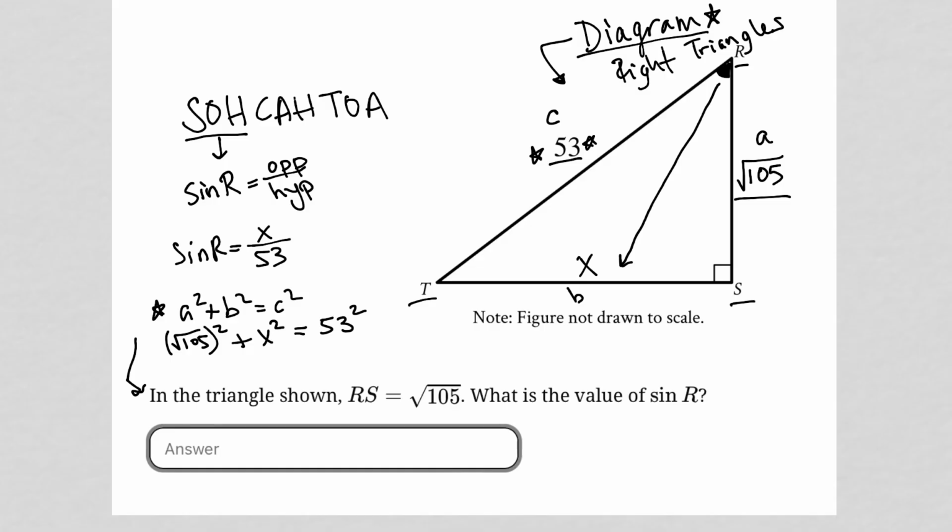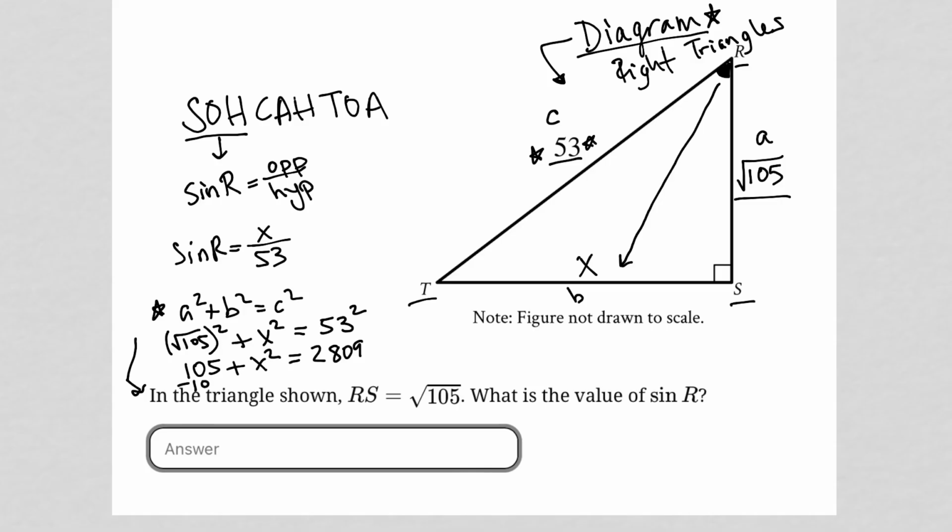So doing a little bit more math, the square root of 105 squared is equal to 105. So 105 plus x squared equals, I'm going to go to my calculator and figure out, well, what is 53 squared? And that is 2809.